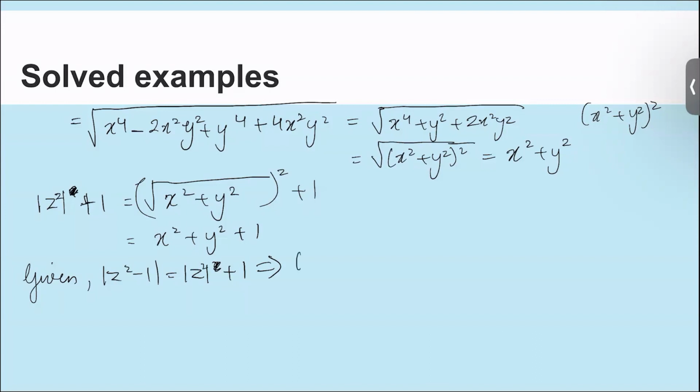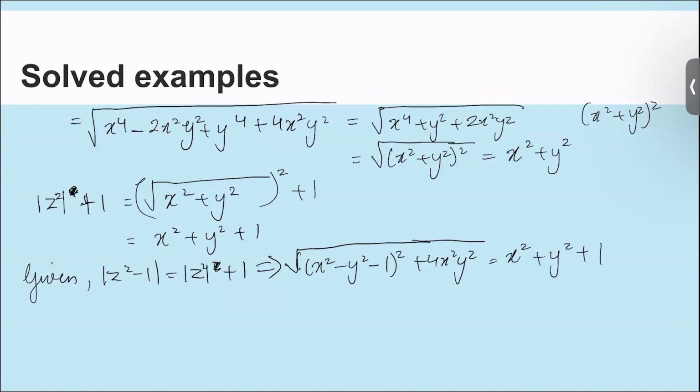So you get the root of x squared minus y squared minus 1 the whole square plus 4x squared y squared is equal to x squared plus y squared plus 1.